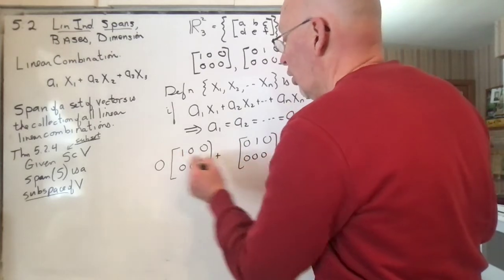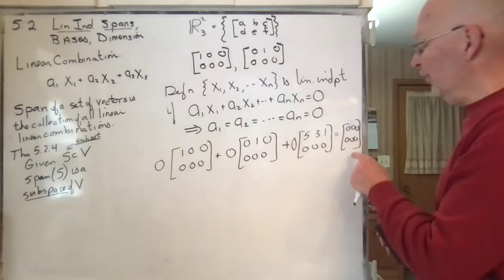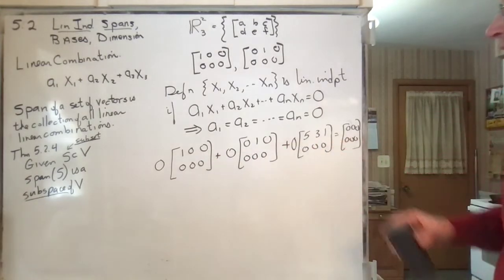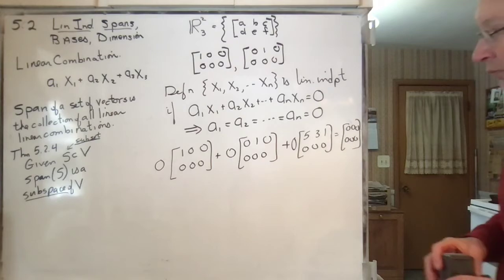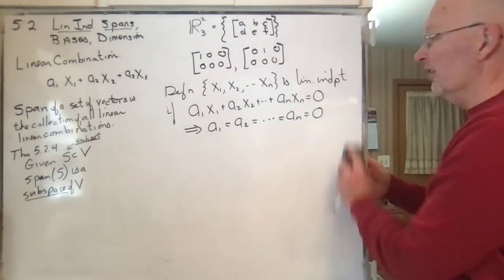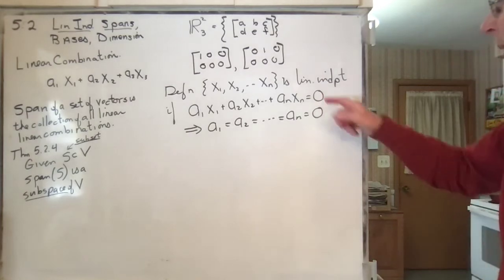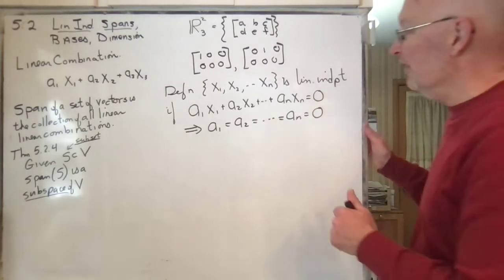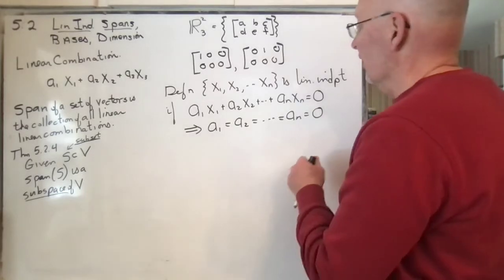Okay? So the only way that I can get those three things to add to the zero vector is if all these three things are 0. So that's what it means to be linearly independent, that the only way they add up to the zero vector is if the constants are all zero. If they're linearly dependent, then there's some other way to do it.